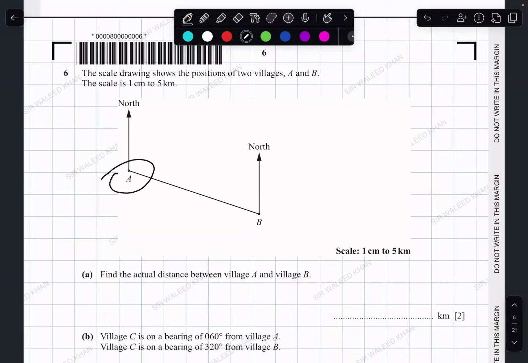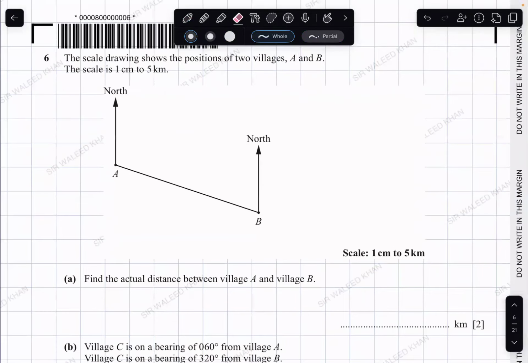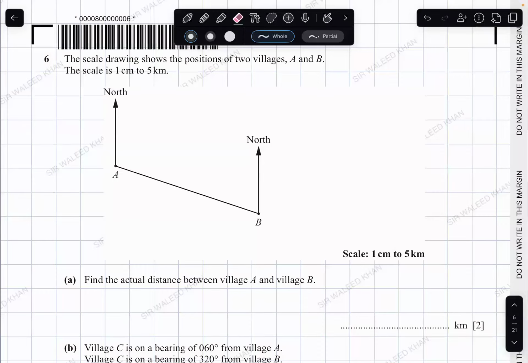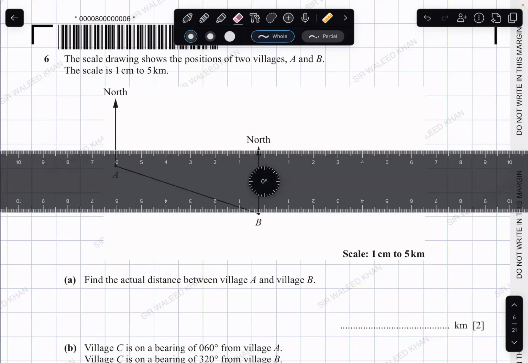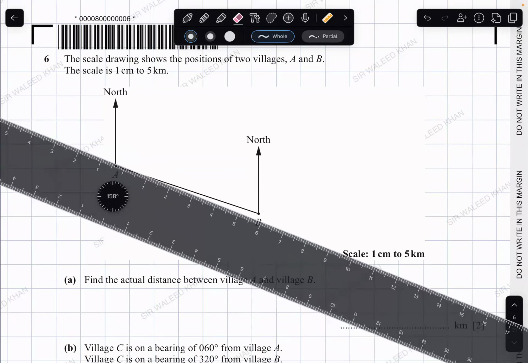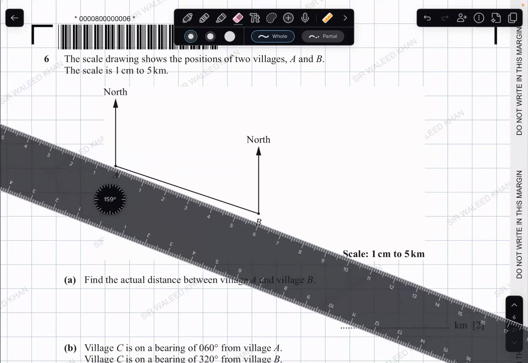So this on paper, right? This will be representing some centimeters. We have to convert it back to actual. So you can take your ruler, see what the length over here is on paper.